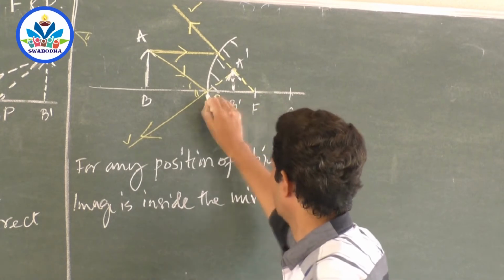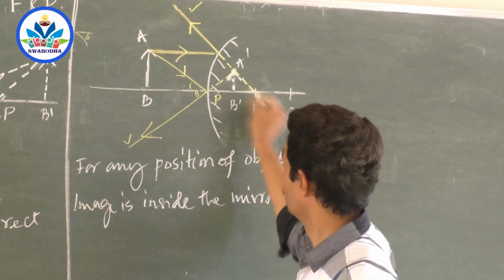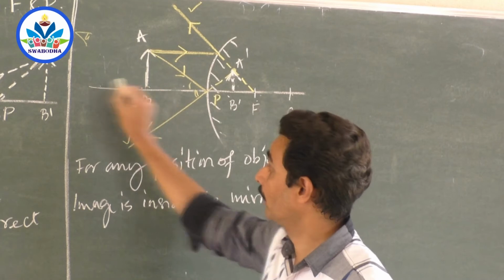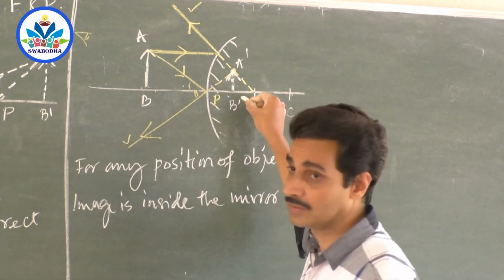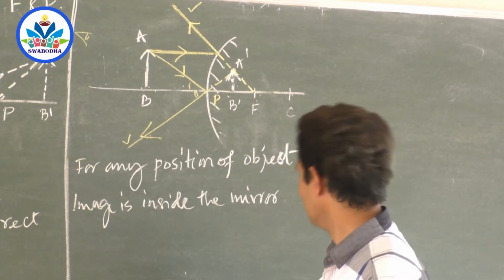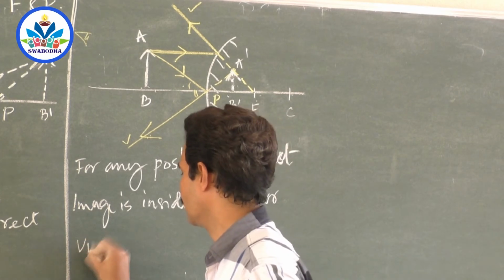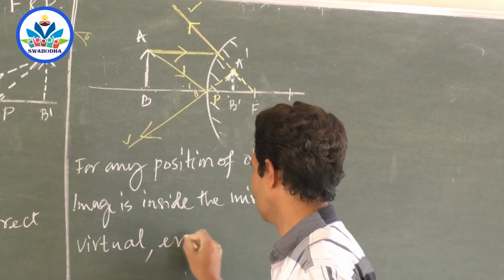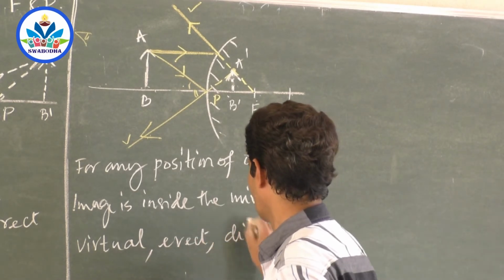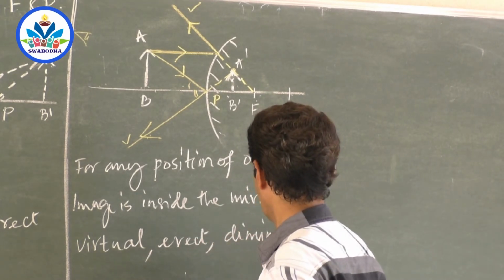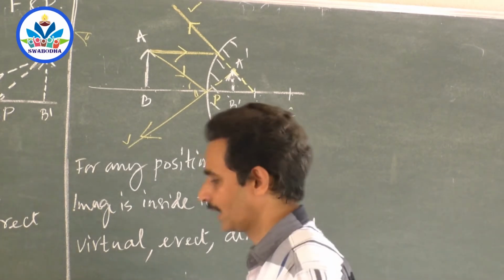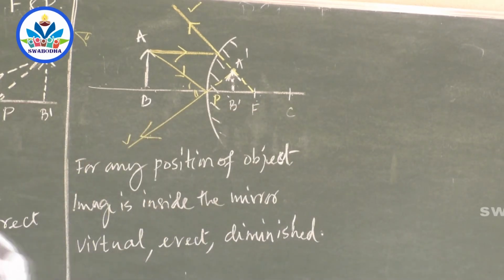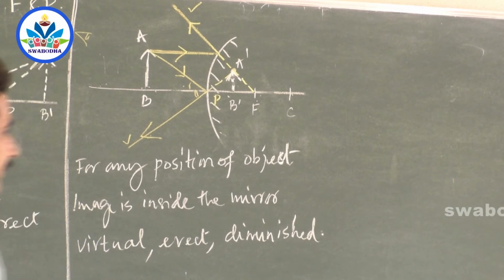Of course, it will be within the focus. Inside the mirror, it will be within the focus, because only when you take the object at infinity, you will get the image at the focus. The image is inside the mirror, virtual, because rays do not actually meet, erect, and diminished. It is smaller in size. Virtual, erect, and diminished. So this is the special case of convex mirror.